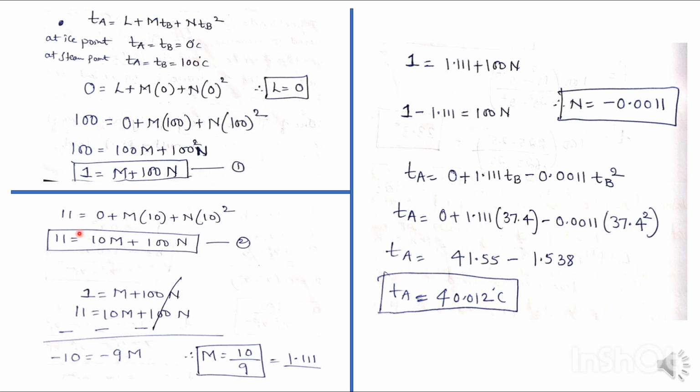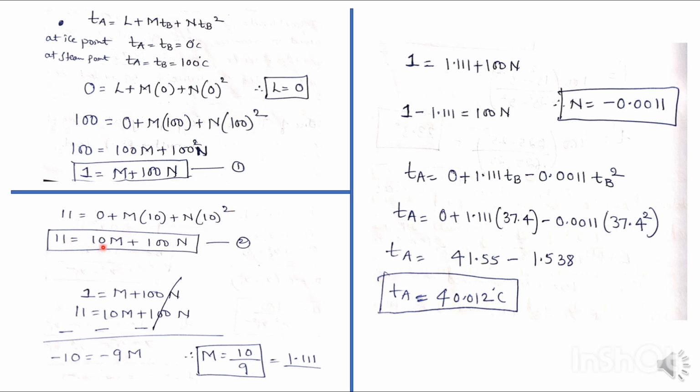In the problem it is given that thermometer A reads L1 degrees and thermometer B reads 10 degrees when both are immersed in a system of fluid. Let me substitute those values: TA = L1 = 0 + M·10 + N·10².